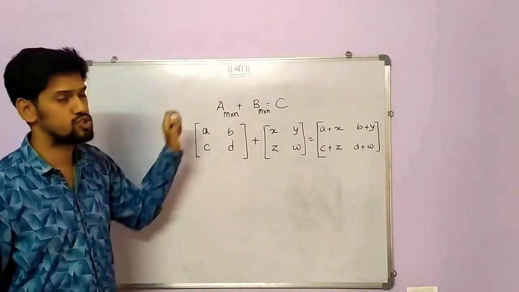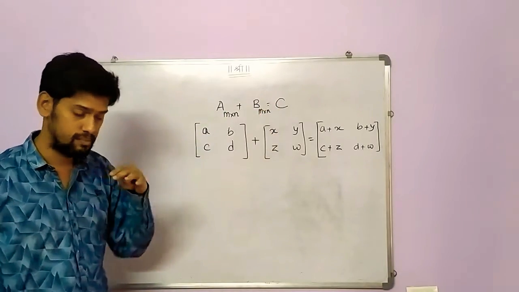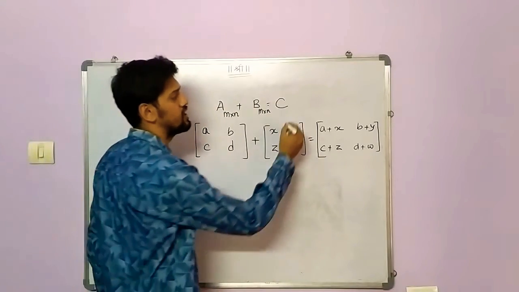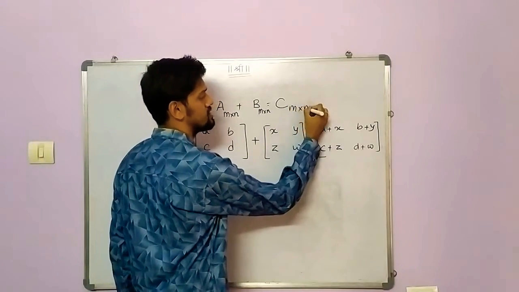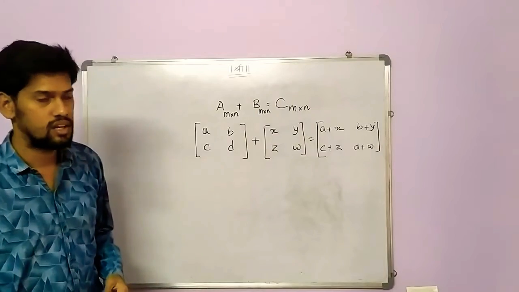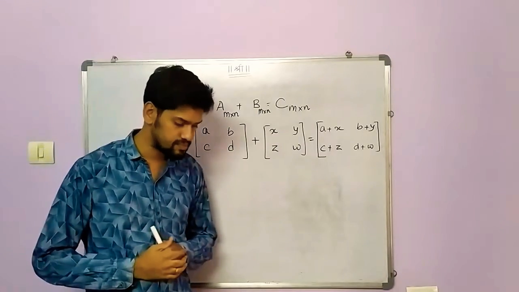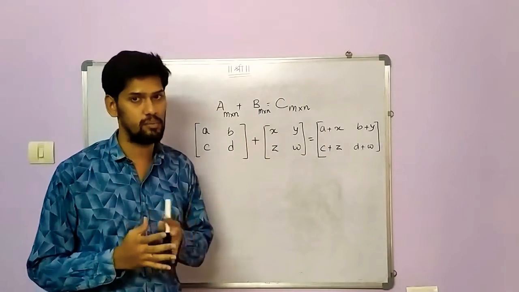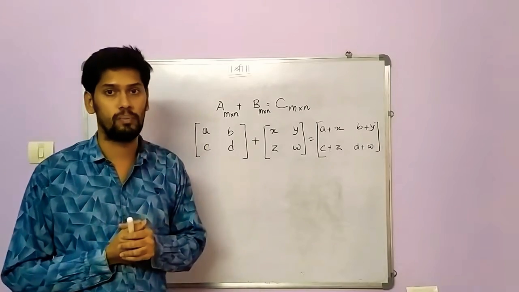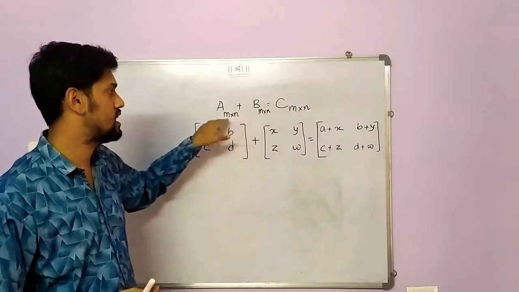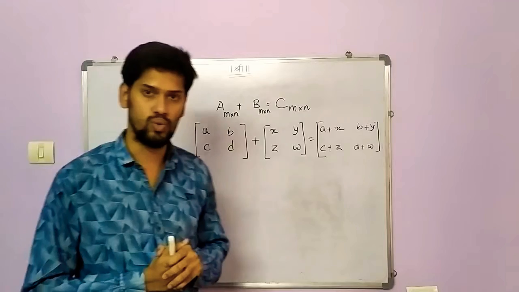When you add these two matrices, the matrix C that you get will also have the same order. Remember this: when two matrices are added, they have to be of the same order, and the final matrix will have the same order as the first two.